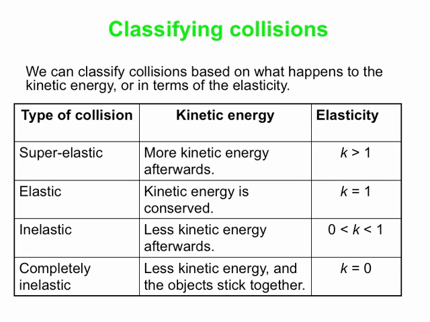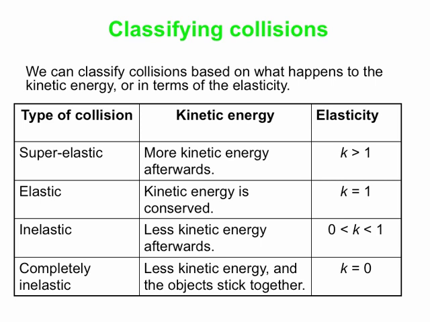You can classify these types of collisions based only on what happens to the kinetic energy. In a superelastic collision, you have more kinetic energy in the system afterwards than before. Of course, that energy has to come from somewhere, so often it's some kind of explosion in which chemical energy or the stored potential energy in a spring goes into the energy of motion, kinetic energy, after the explosion.